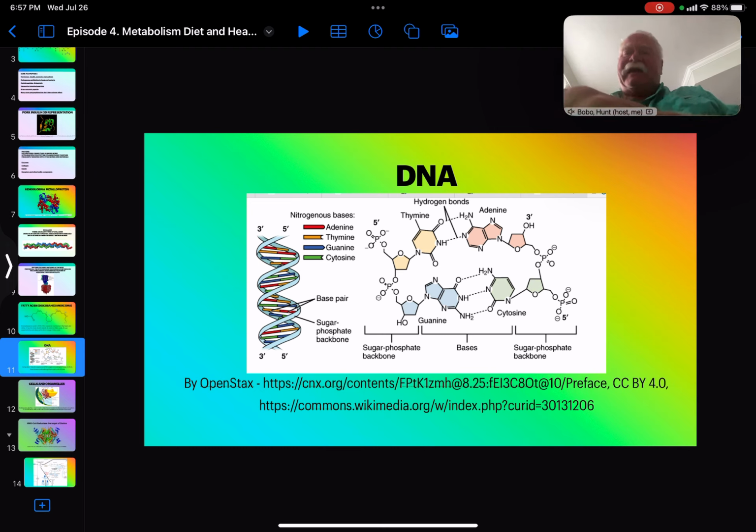Here's the sugar backbone. That's a ribose group right next to the little 5-sided figure, and then the phosphorus links them together. Guanine pairs with cytosine. They have a little stronger bond because they've got one more bond than thymine and adenine has.